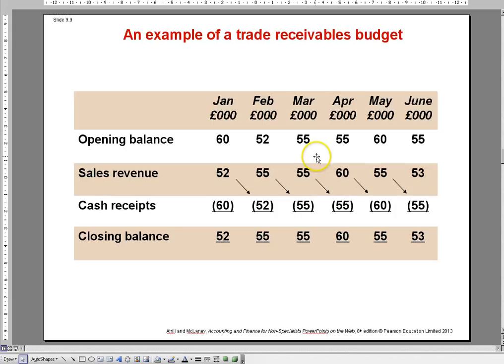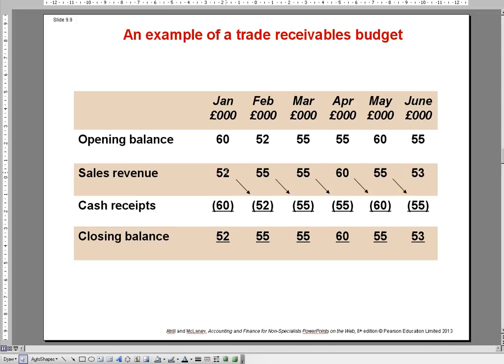Well, for the receivables, we have the sales revenue, which you're familiar with. That's from the income statement, and it's when these sales turn themselves into cash. In this example, we've assumed that it's 1 month later. In practice, it might be half a month later, or half in the month, half a month later, or 2 months later.